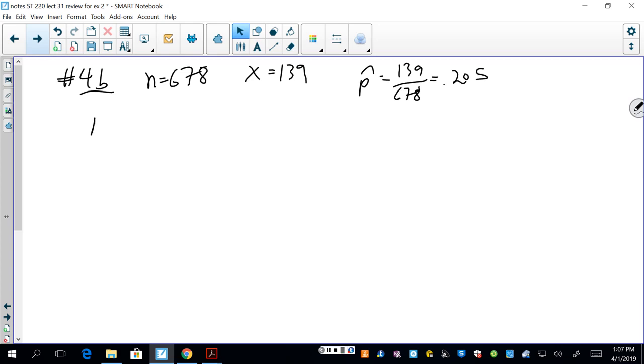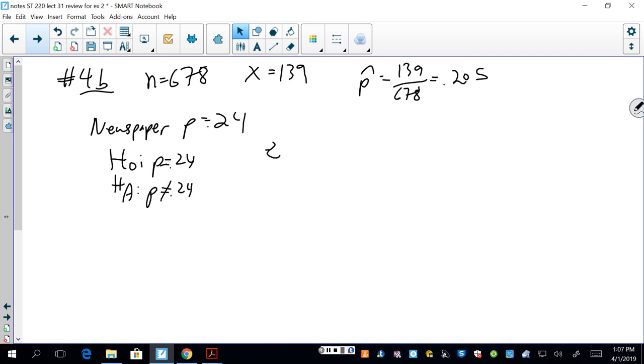A newspaper says that p is 0.24. So we have data, and we're going to evaluate that claim. Is the newspaper right? Is it 0.24, or is that not right?